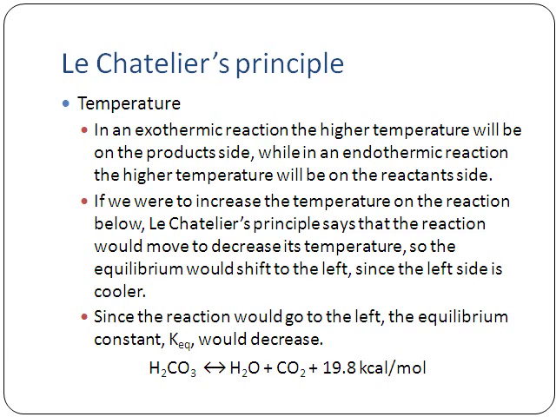If you have an endothermic reaction, then the higher temperature will be on the reactant side, not the product side. It's going to get colder whenever you produce new things because it needs extra energy. And so it takes more energy to break apart your reactants than you got back when you form the products. So exothermic reactions are going to get warmer. Endothermic reactions are going to get cooler as you go from left to right.